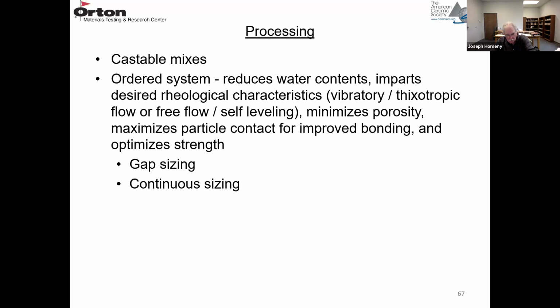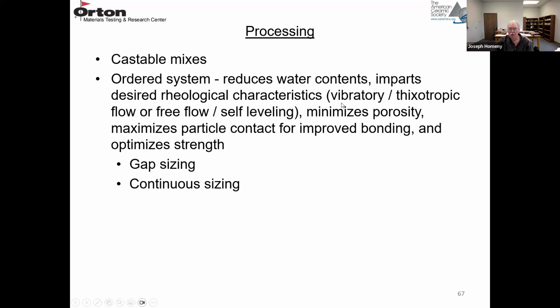What's more typical are gap sized and continuous sized particle size distributions. So when you go to these ordered systems, you're going to reduce the water content. You're going to have better control over the rheology.